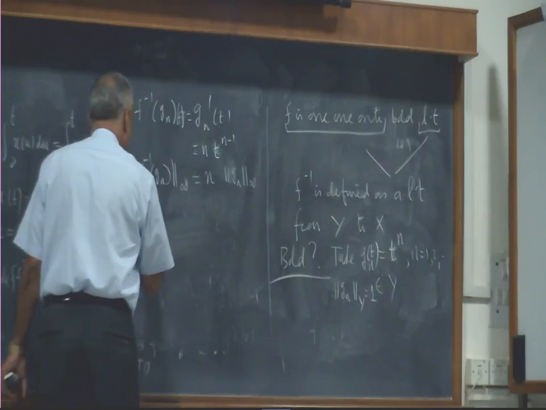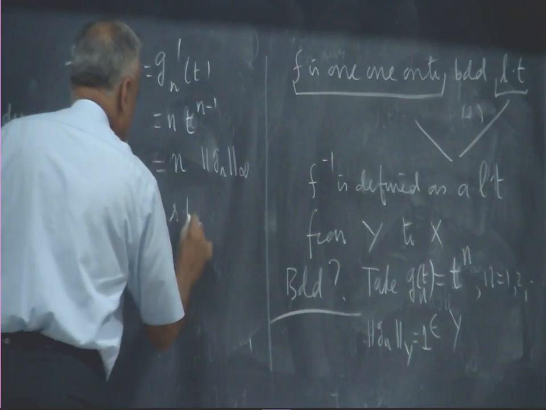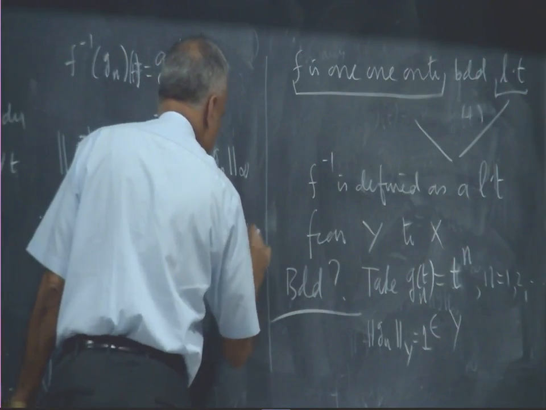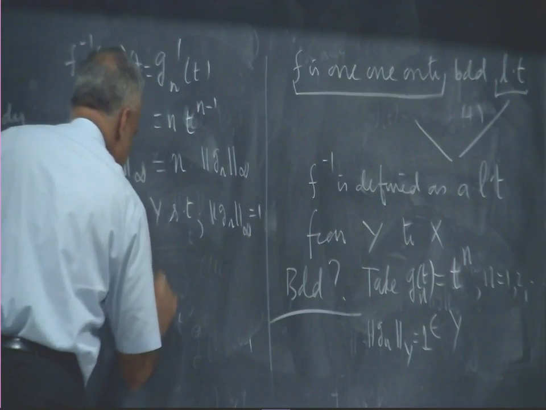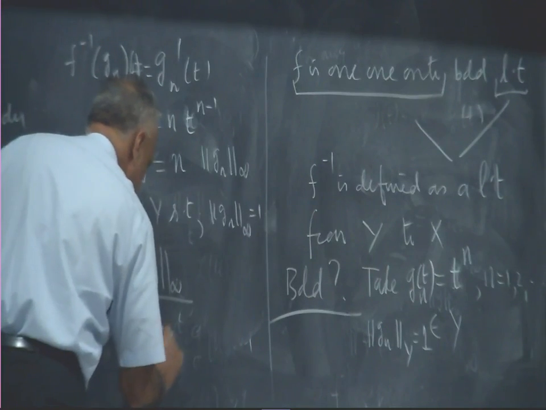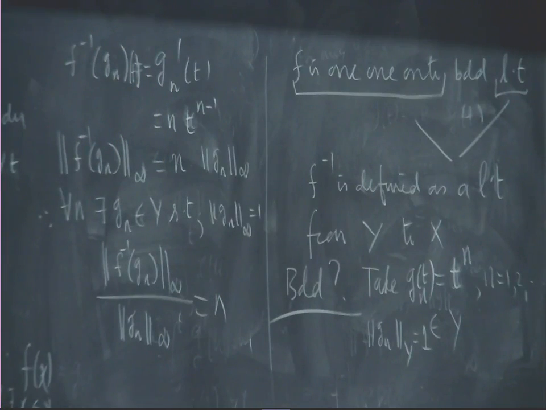Therefore, for every n, there exists g_n in Y with norm of g_n equal to 1, such that the norm of F inverse of g_n divided by the norm of g_n is equal to n. That means for every elastic limit, there is one fellow who reaches it.